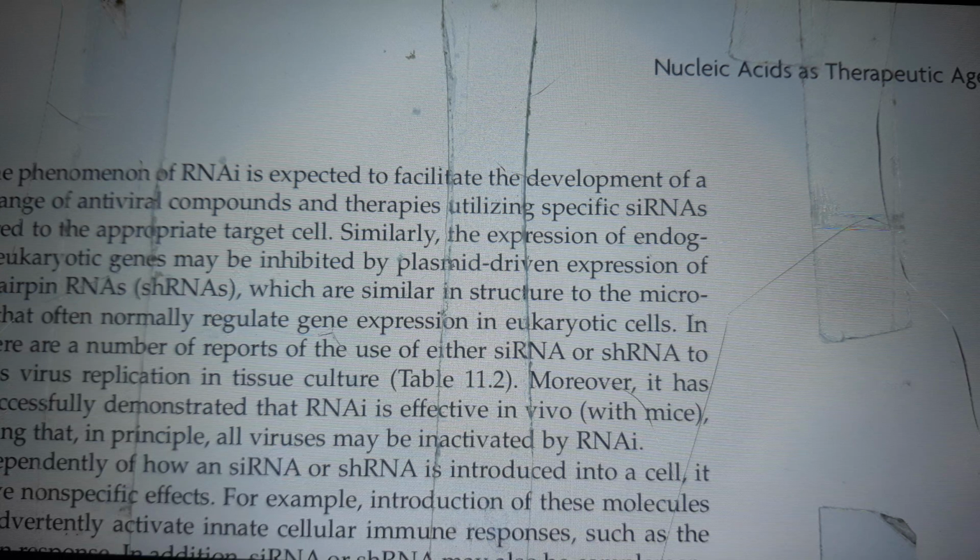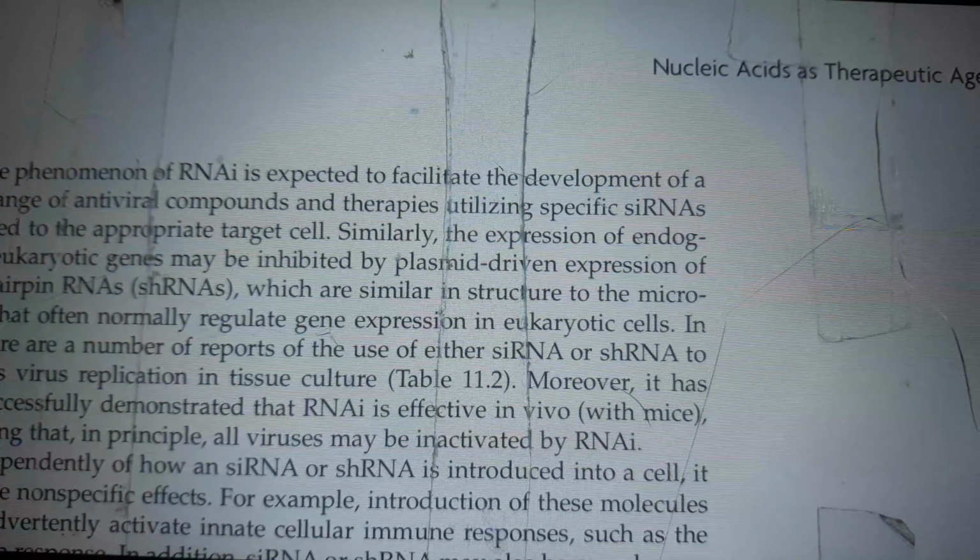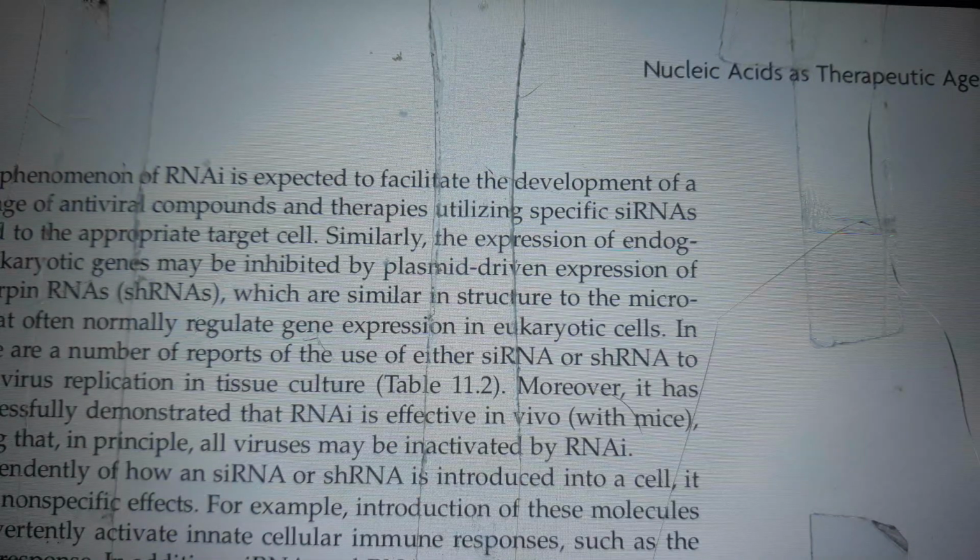Now, the phenomenon of RNAi is expected to facilitate the development of a wide range of antiviral compounds and therapies utilizing specific silencing RNAs delivered to the appropriate target cell.